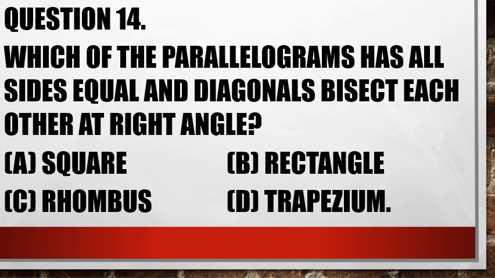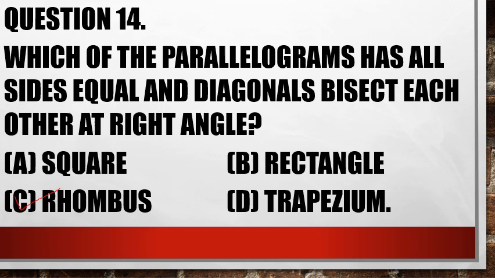Which parallelogram has all sides equal and diagonals bisect each other at right angle? We know a rhombus is also a parallelogram, and all sides of a rhombus are of equal length, and the diagonals bisect each other at right angle. So the correct option is rhombus.